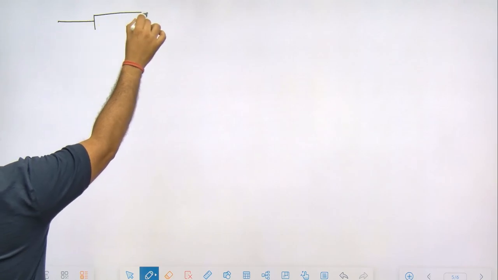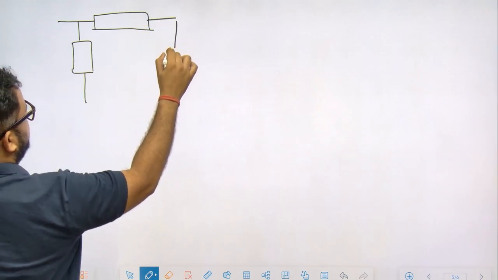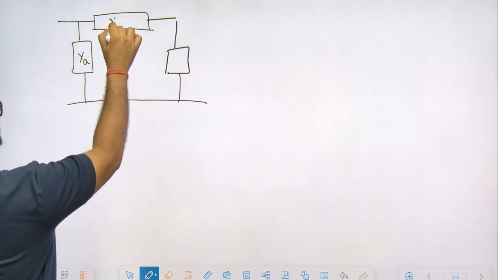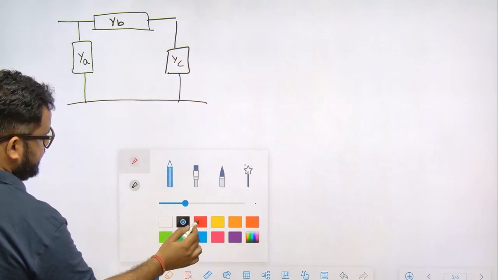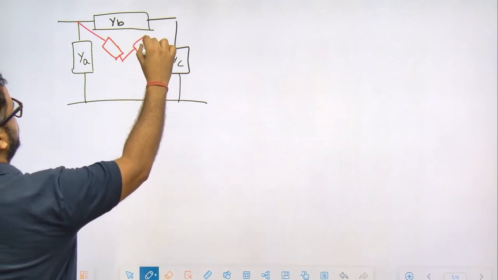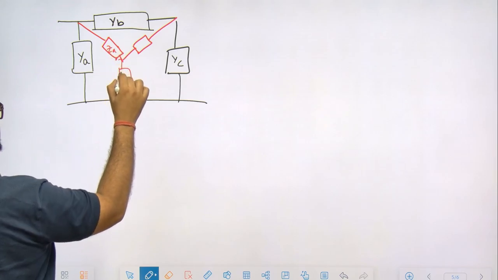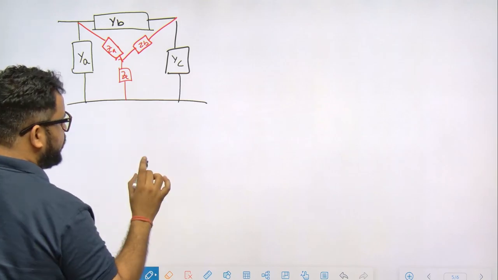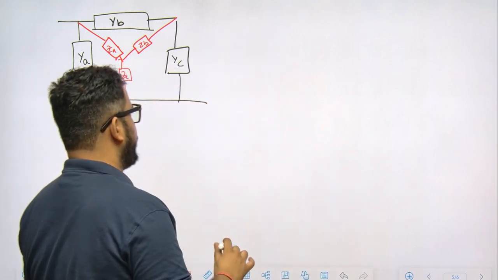Now, when I see my pi network, this is YA, YB, and YC, and I want to convert it to ZA, ZC, and ZB network. Now, dear student, I just want you to remember just one simple trick over here.